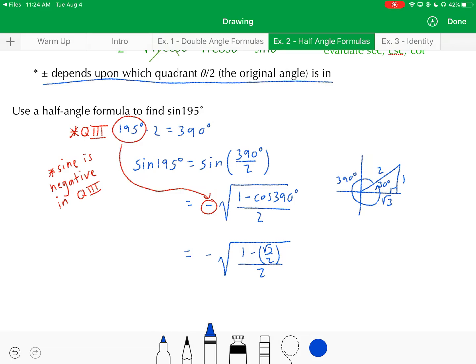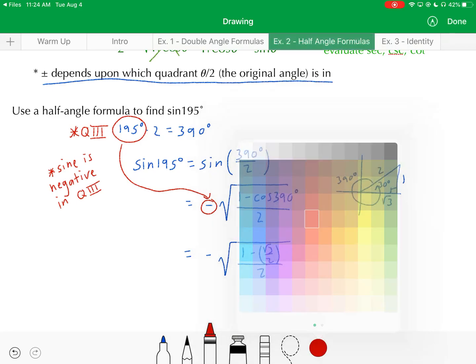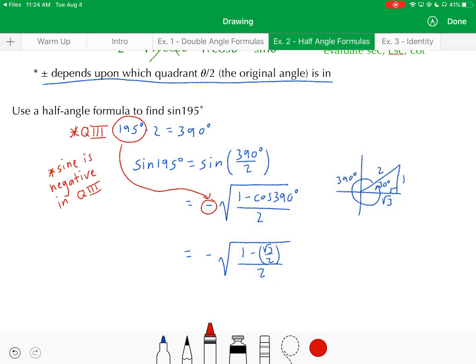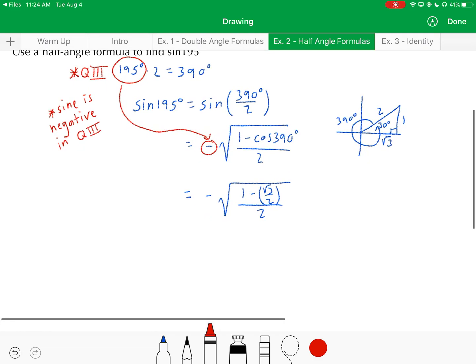And now from here, it's how good your algebra and your ability to simplify is, okay? I would suggest there's a couple different ways to simplify here, but I would focus on what's underneath the radical right now and simplifying that by simply combining the 1 minus the square root of 3 over 2 into a single fraction.